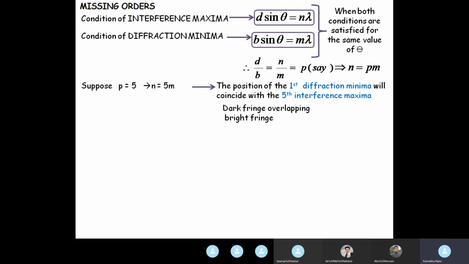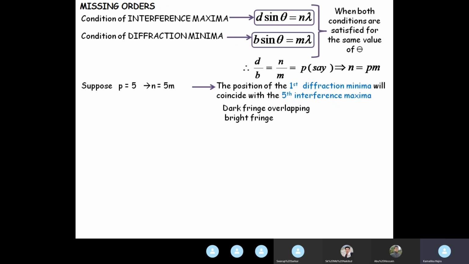which means that there is a dark fringe due to the diffraction minima overlapping the bright fringe due to the interference maxima. So the first dark fringe of the diffraction pattern is formed at the same place where the fifth bright fringe of the interference pattern has also formed.